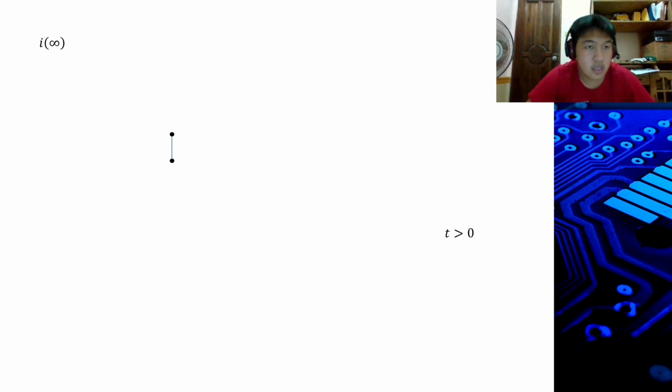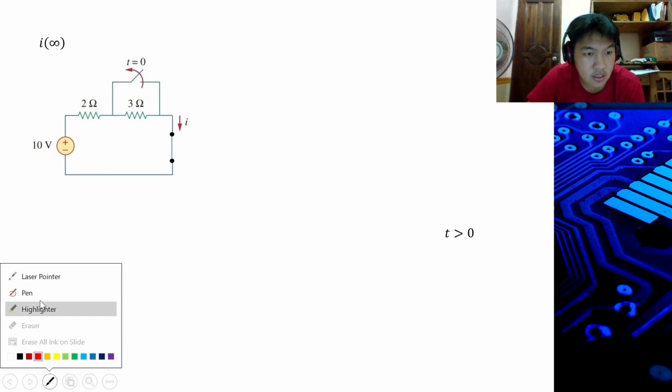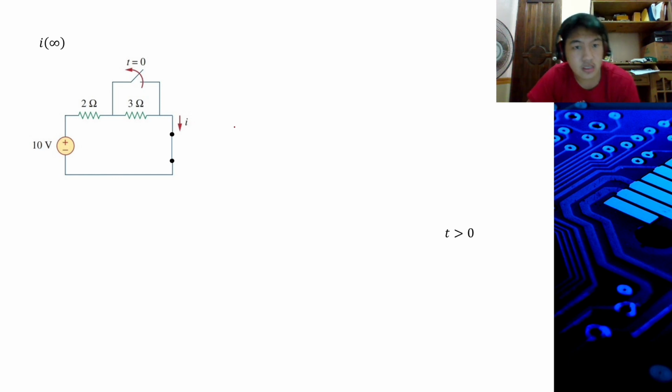Okay, we're going to find i(∞). Since the inductor is a short circuit in DC, the inductor here is shorted. Using Ohm's law, i equals v over R, where we have 10 volts and 5 ohms. They are in series, so it is equal to 2 amps.